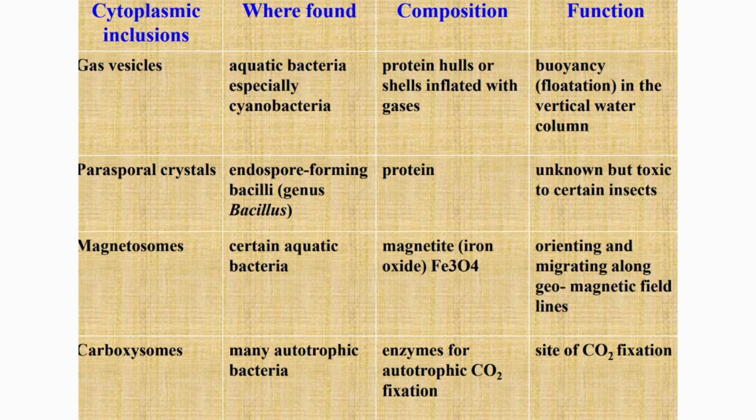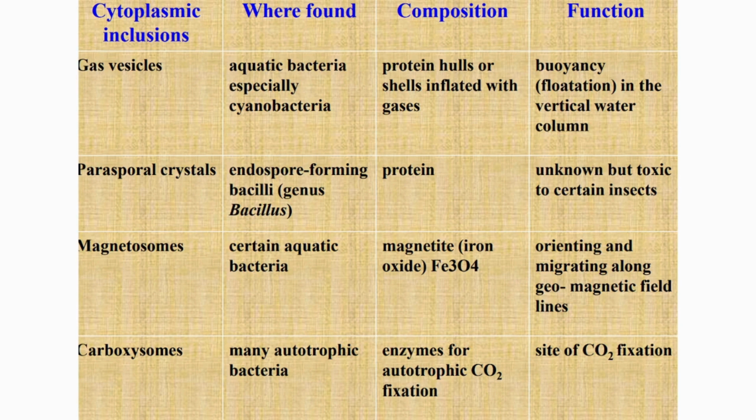Magnetosomes are also found in aquatic bacteria, and they help in orienting and migrating along geomagnetic field lines, moving according to the geomagnetic field itself. Next is the carboxysome.